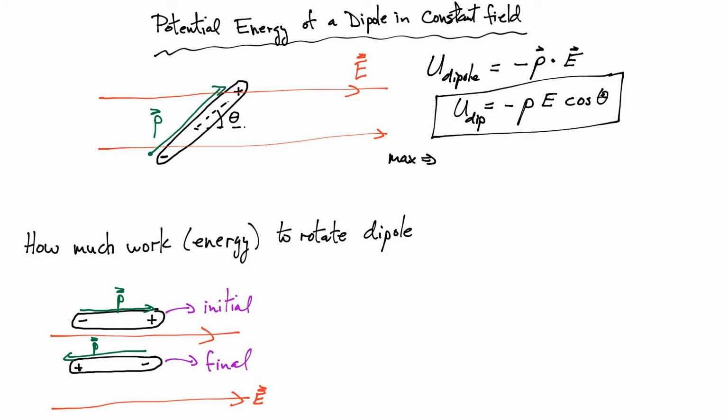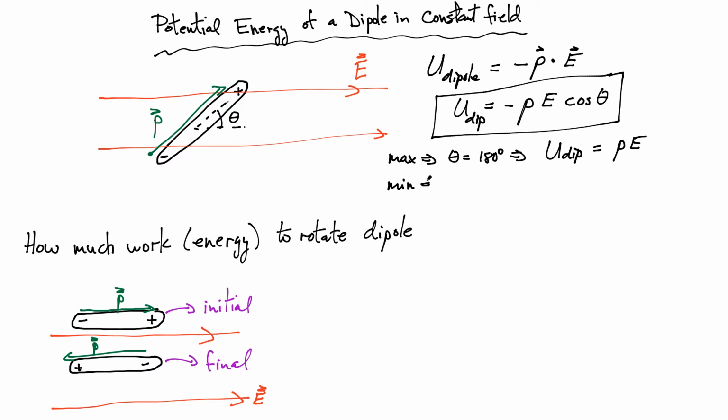Well, we'd have a maximum value whenever the angle theta is equal to 180 degrees. Right? When the angle theta is equal to 180 degrees, cos of 180 is minus 1. So the energy of the dipole in the field is PE, as you get minus PE times cos of 180, which is minus 1, which cancels with the original minus.